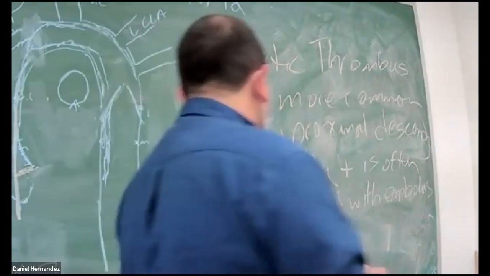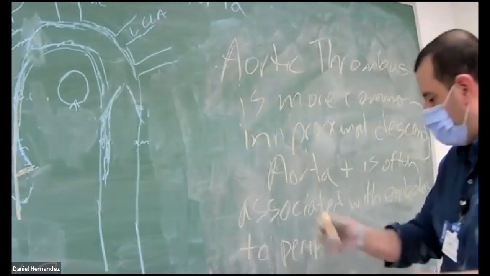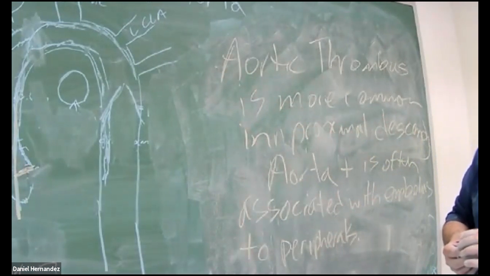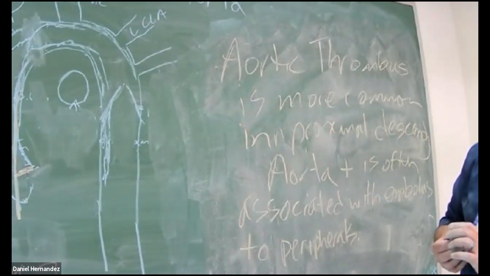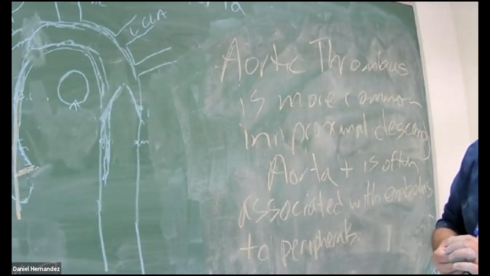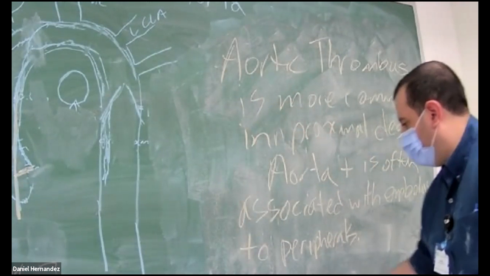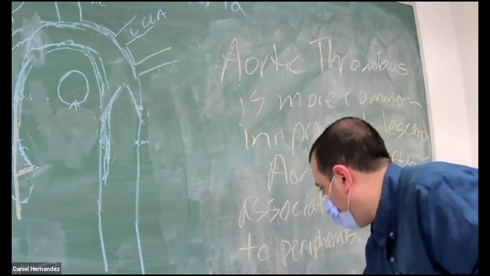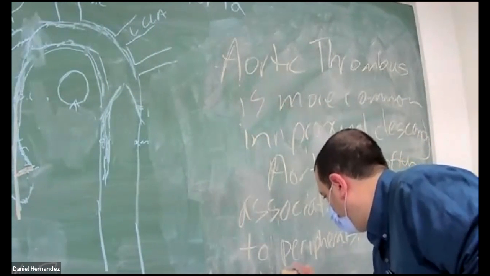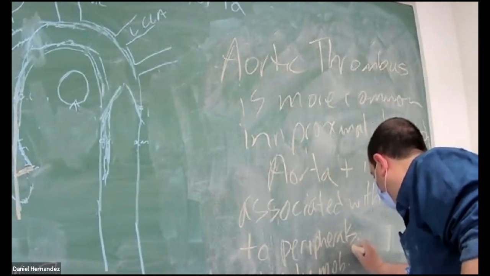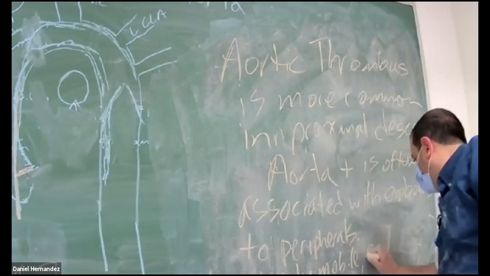These thrombi are highly mobile, echodense masses within the lumen of the aorta. You can also put they're highly mobile, echogenic.